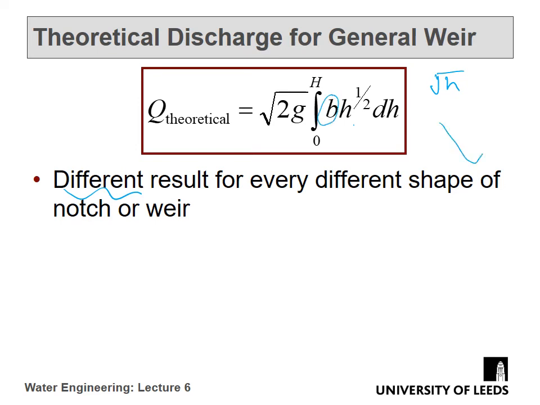So for a triangle, b is different at each depth, but we can write an equation for b for every different shape. For a rectangle, b will be constant as we integrate. So b is the key thing that is changing for different weirs.